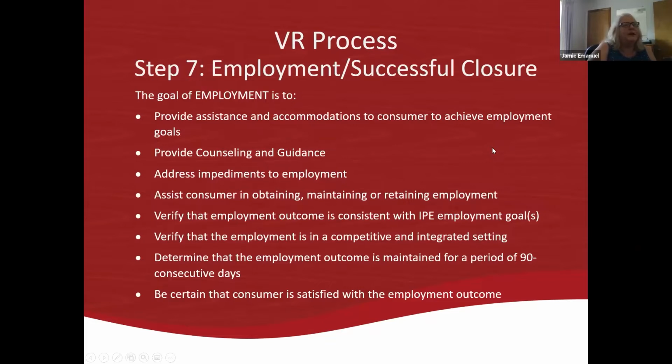We're also providing counseling and guidance for the most part. We're addressing any impediments to employment. We're assisting the consumer in obtaining, maintaining, or retaining employment. We're verifying that employment outcome is consistent with the IPE employment goal.